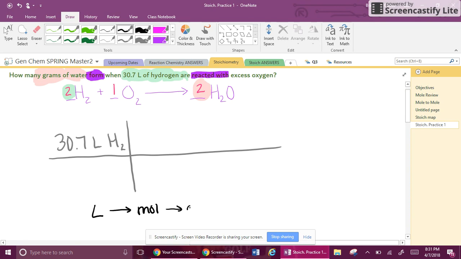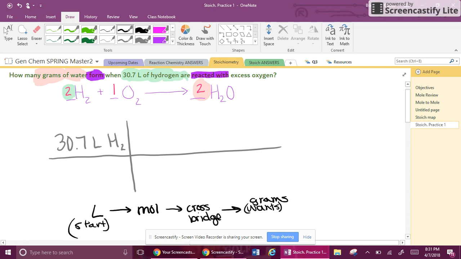And then once you're at moles, you're going to cross the bridge. After you cross the bridge, you're going to go to whatever the question wants. In this case, it's grams, because that's what the question wants, and this is where we start.